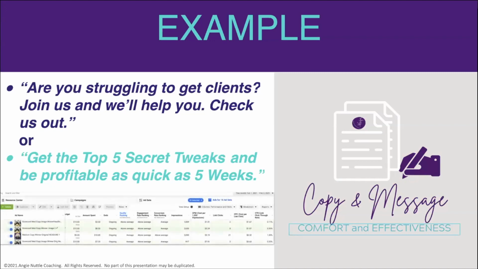Okay. And so if you ever work in Facebook ads, one of the ways that you can know that you have good copy and message is that Facebook will give you a quality rating on how well they think you wrote that and how it aligns with what you have on your website.